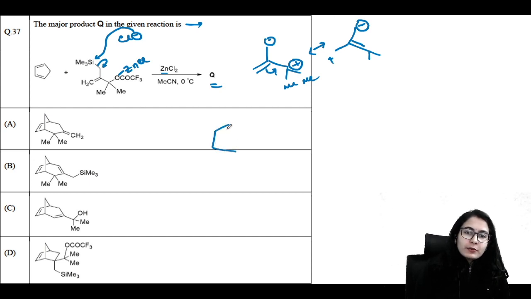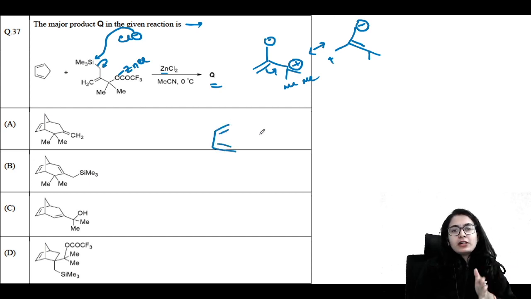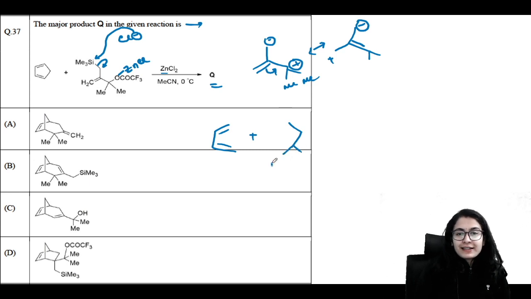And when you are doing the Diels-Alder reaction or 4 plus 2 cycloaddition of a diene as well as this kind of an allylic system, let's see what is the result. It is a very beautiful reaction. It has been asked in previous examinations also.